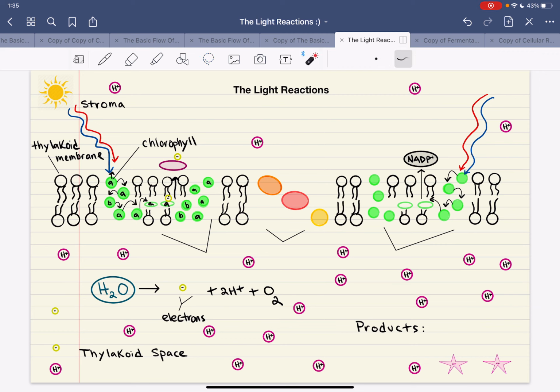So the same thing's going to happen. Light's going to hit this chlorophyll molecule. They're going to push that energy to the reaction center. Boom. That electron's going to get excited and stolen. Then again, it's going to be missing an electron. It's going to take another one from water. And basically you have a flow of electricity or a flow of electrons from water to here to here.